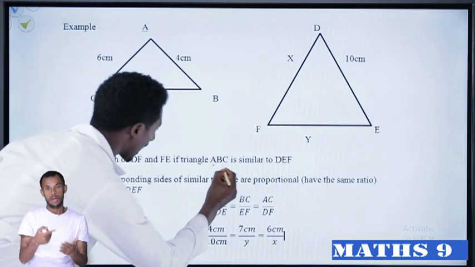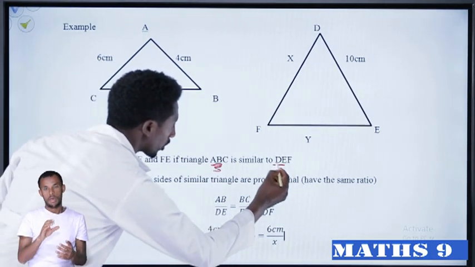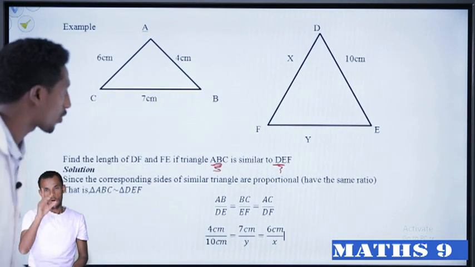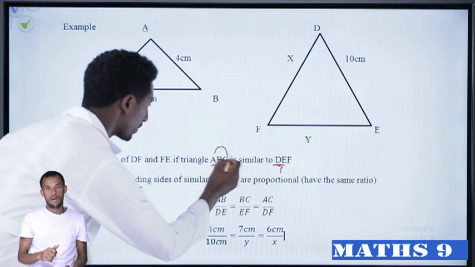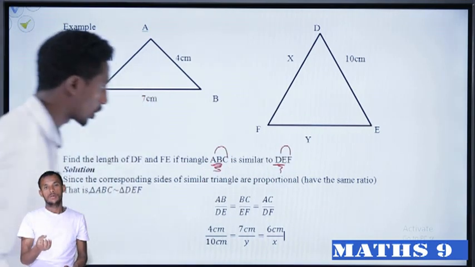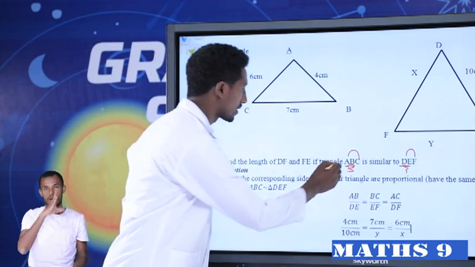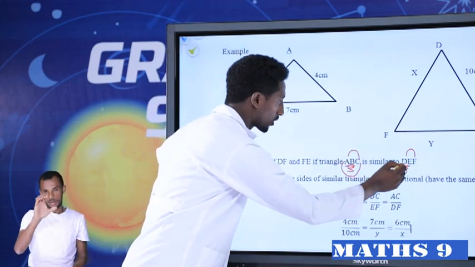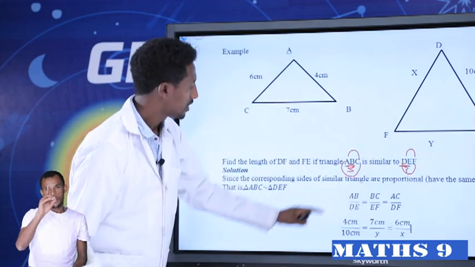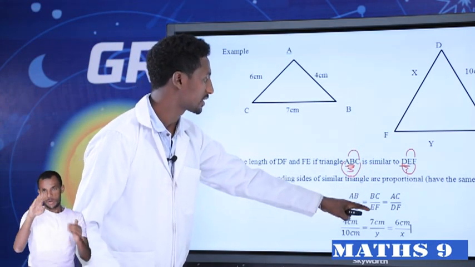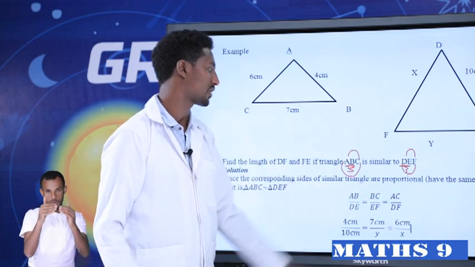Here, side AB corresponds with DE, so AB over DE equals, then BC corresponds with EF and AC corresponds with DF. So AB over DE equals BC over EF, which equals AC over DF.